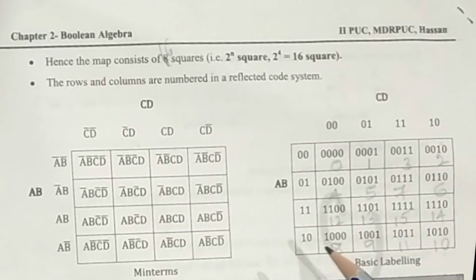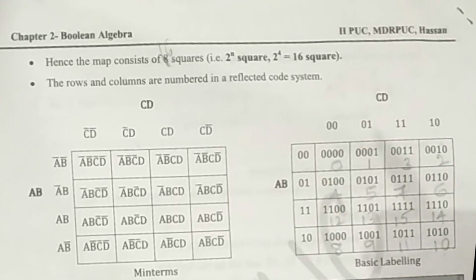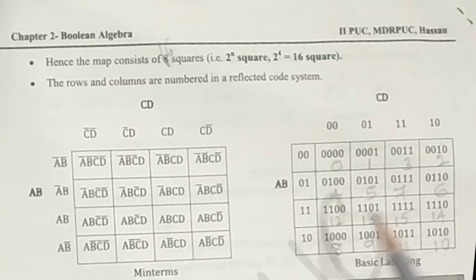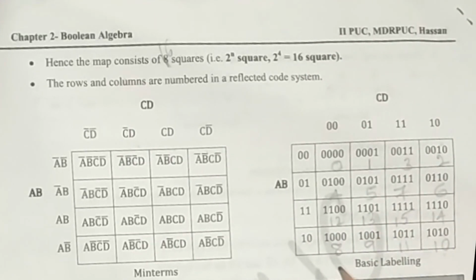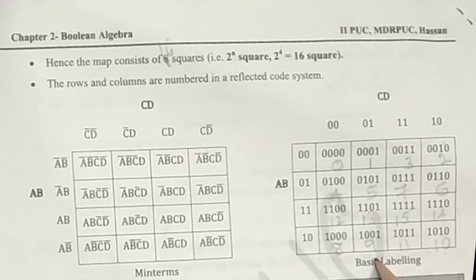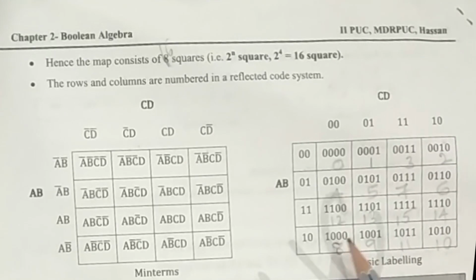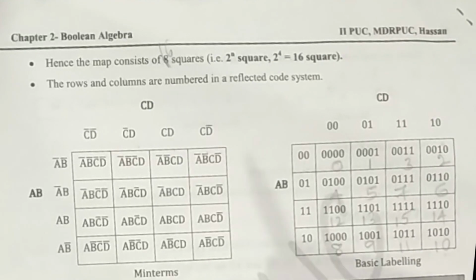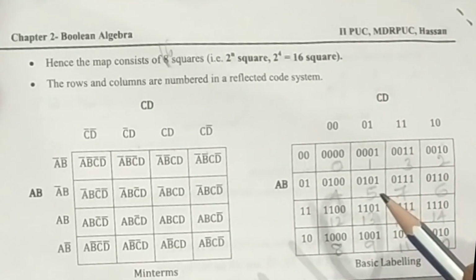Then 1000, 1001, 1011, 1010. So automatically the numbers are shifted. You can see 0, 1, 2, 3, then 4, 5, 6, 7, but 8 comes here: 8, 9, 10, 11, 12, 13, 14, 15. Fine. We will follow this type of method in the K-map, and you have to remember that.